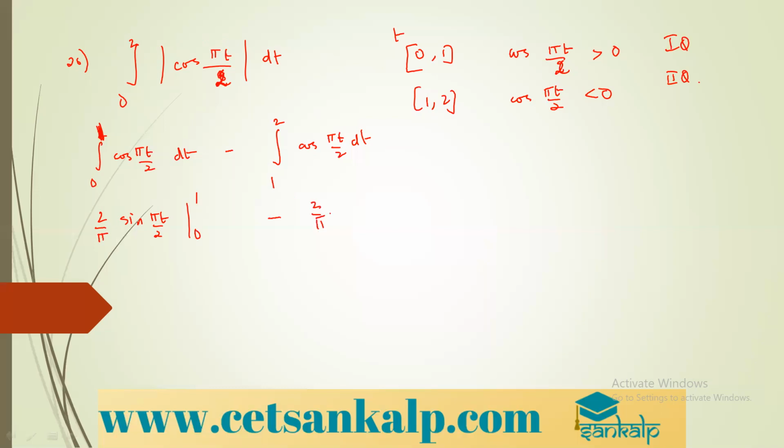Here 2 by pi sine pi t by 2, boundaries are 1 to 2. When you put 1, you will have 2 by pi into sine pi by 2, that is 1, otherwise 0. Then minus, when you put 2, you will get 0. But when you put 1, you will get minus 2 by pi. So total it will be 4 by pi. The answer will be 4 by pi.